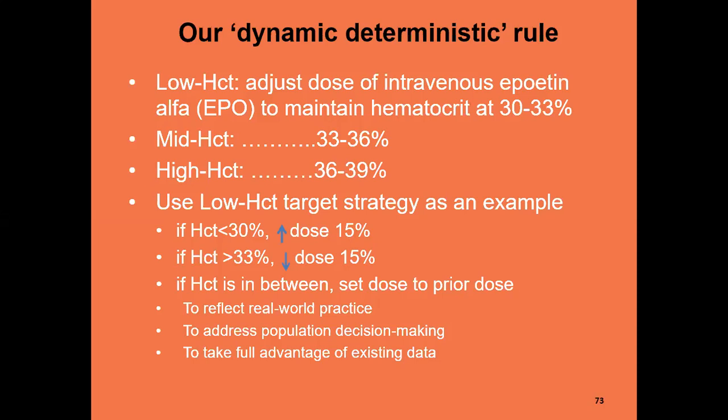The reason that we use these rules for our treatment strategy is to reflect real world practice, to address population decision making, and to take full advantage of existing data.